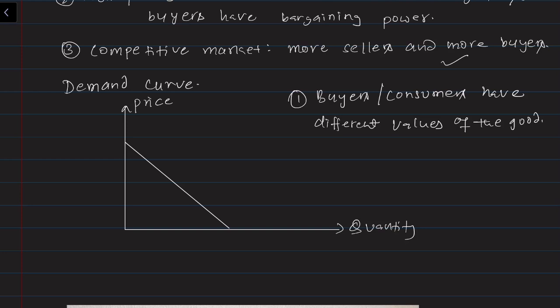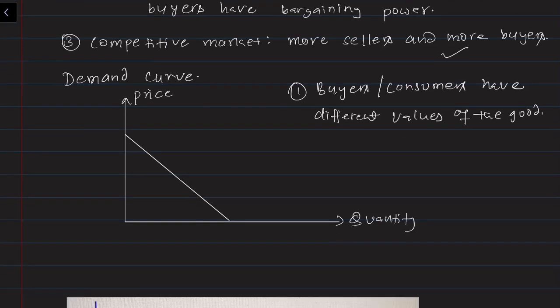Which means when the price is high, only people who are willing to pay a higher price buy the good, and when the price is low, the people who are willing to pay lower price as well as those willing to pay a higher price, both of them will buy the good.